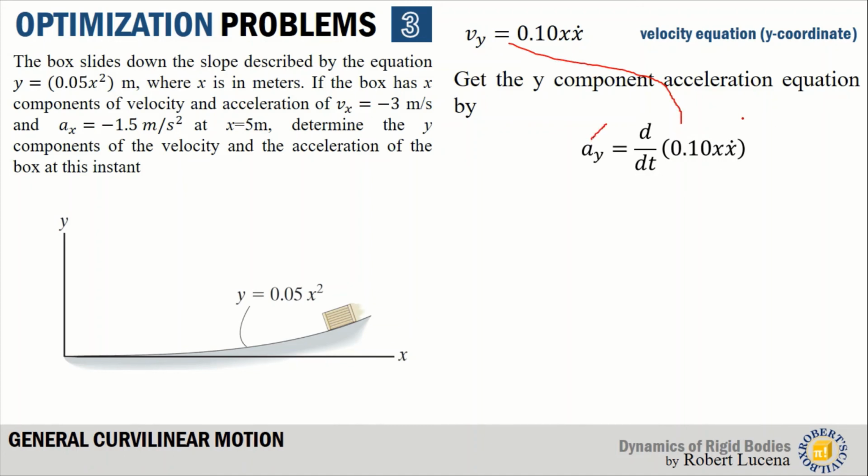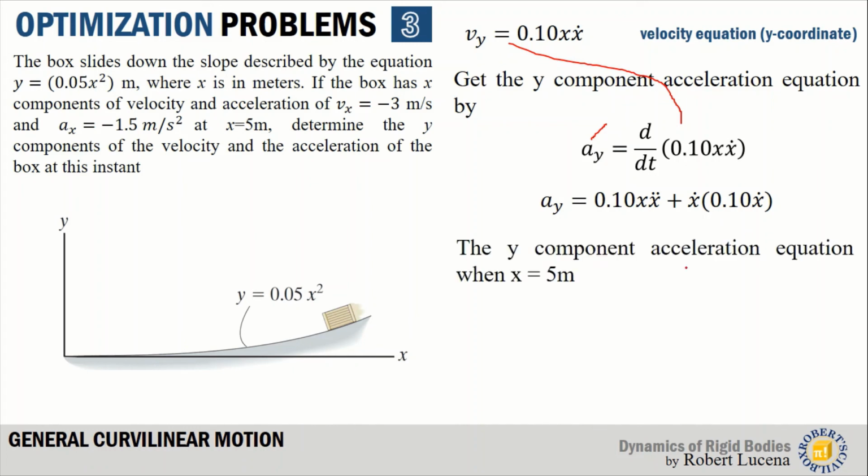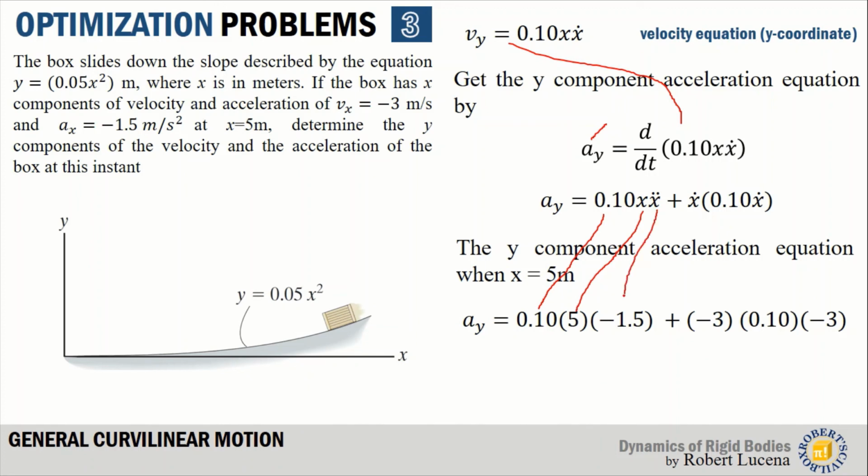Performing the operation of derivative by using chain rule, we have 0.10 x times x double dot plus x dot times 0.10 x dot, and substituting the values, we have 0.10, the value of x is 5, the value of x double dot is 1.5 because that is given.